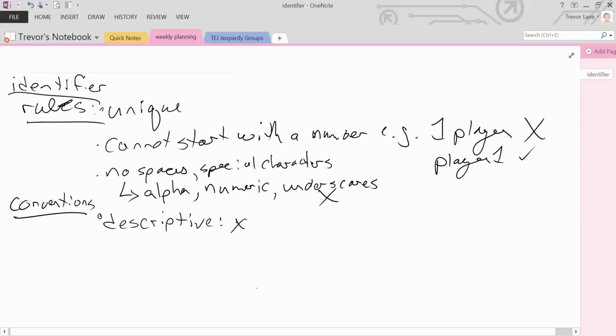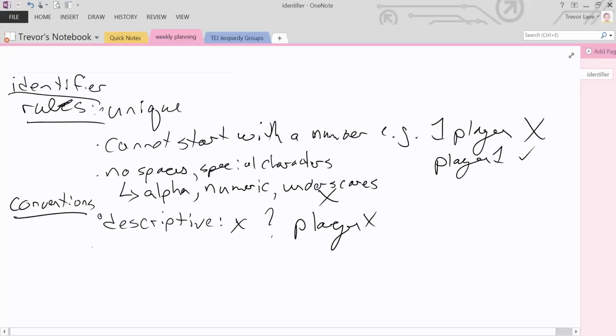Is X part of an equation? Or is X a location on a graph? What is X? So it needs to be much more specific. So you might say something like playerX. That tells me that it's the X value of the player. So it's definitely a location somewhere in a graph or on the screen. So descriptive is a necessity.